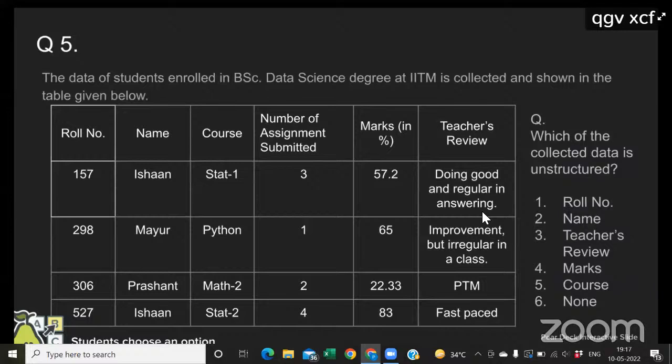Like if someone did 2 assignments, then the teachers review gets the PTM. So sir, it could be structured now.